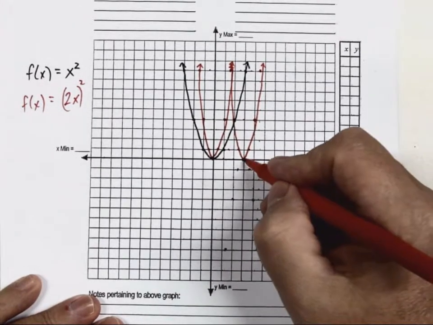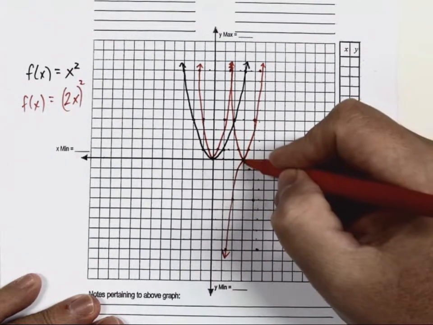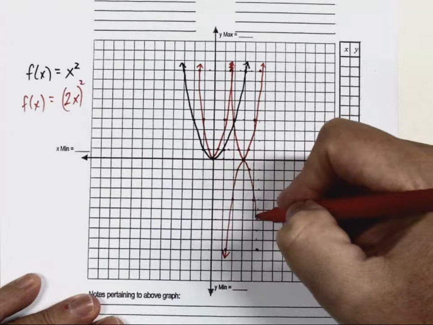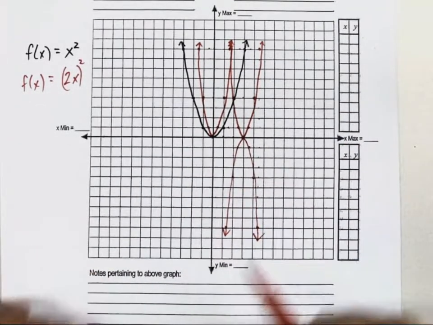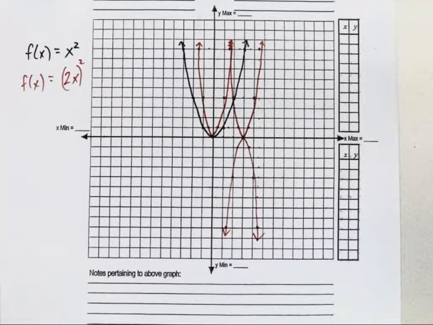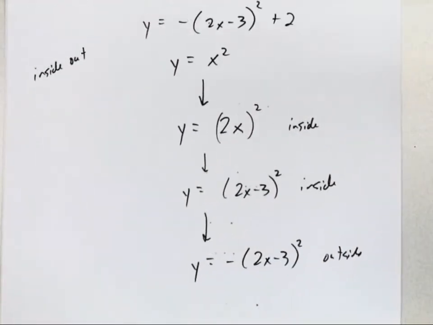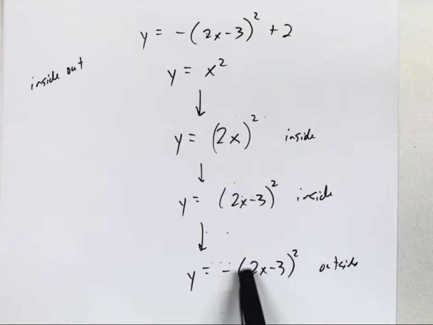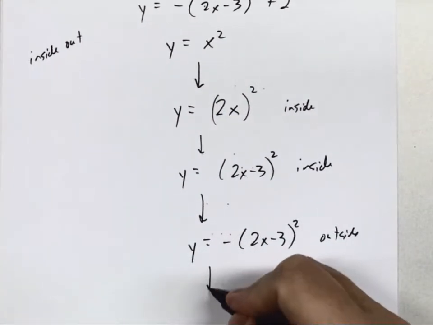So now, something like this. So now my graph is sitting right here. And then actually I believe there's only one more thing I have to do. If I compare this to this, the last thing is to add on 2.